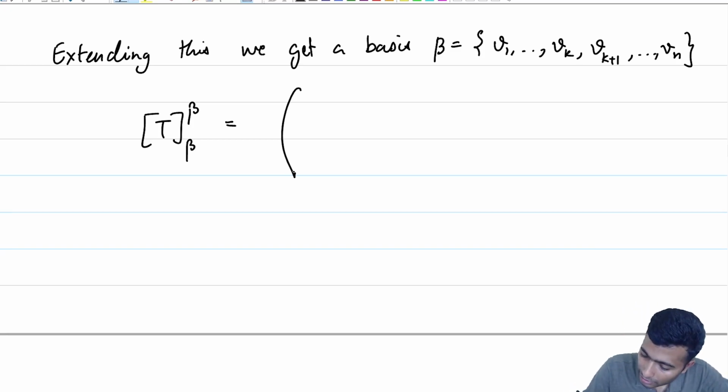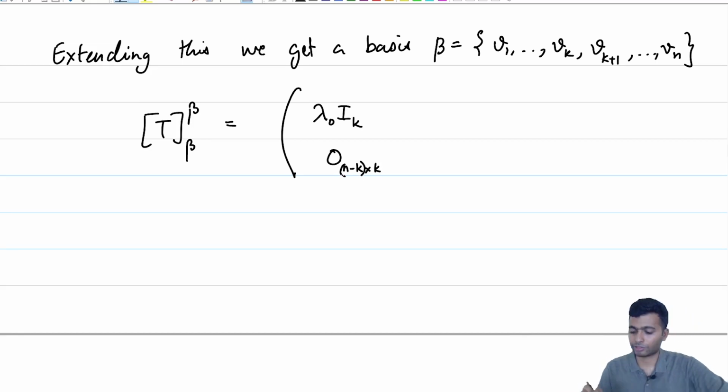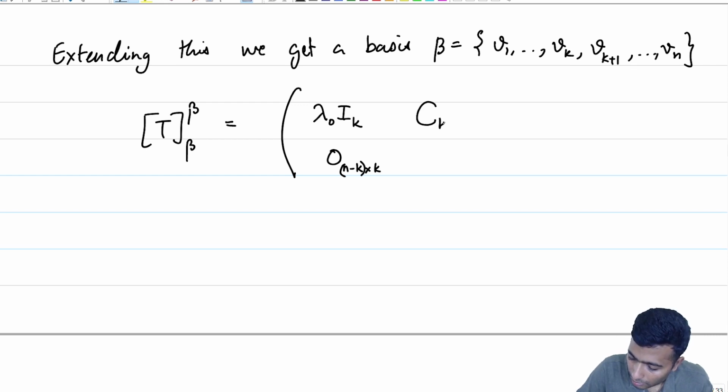The first k columns will just have lambda naught times I k, and below it the zero matrix, which is an (n minus k) cross k matrix. And then there will be some matrix here which I would like to split as a k cross (n minus k) matrix C, and a B which is an (n minus k) cross (n minus k) matrix.